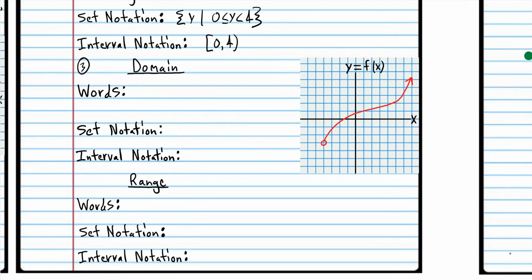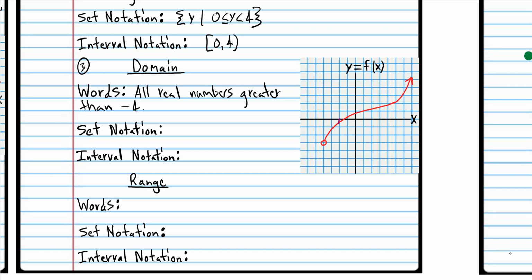So if that's true, then the domain is all real numbers greater than -4, because this point here has an x value that's equal to -4.